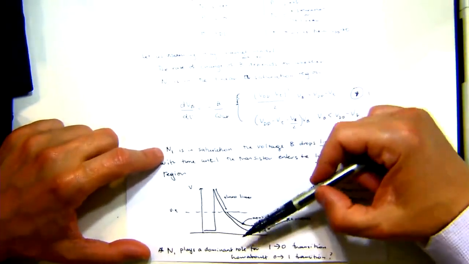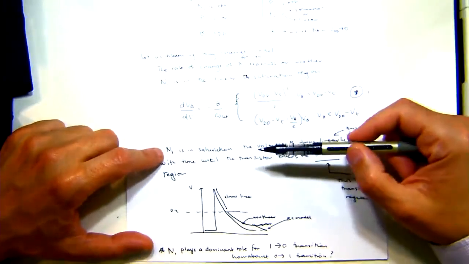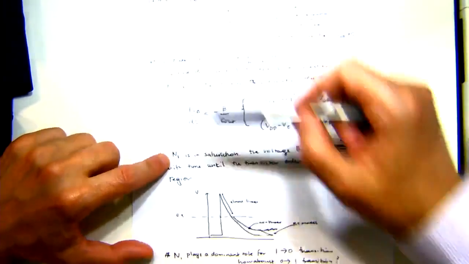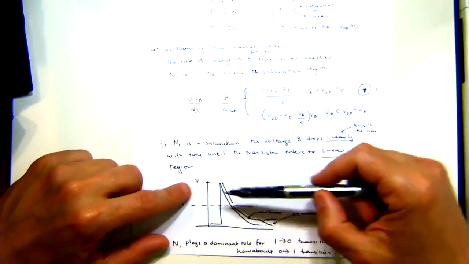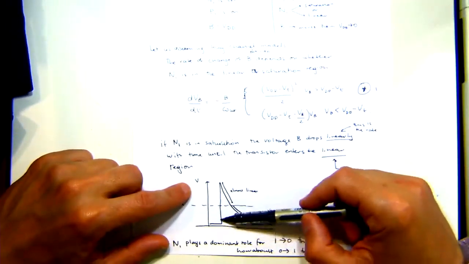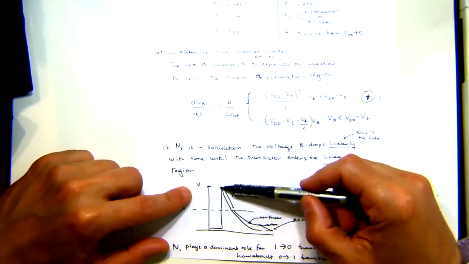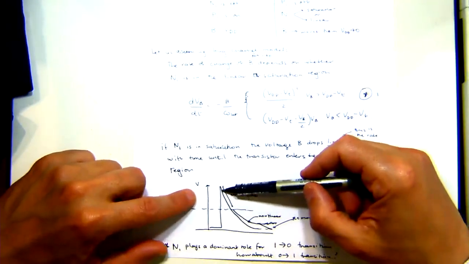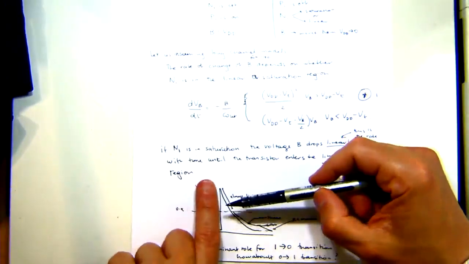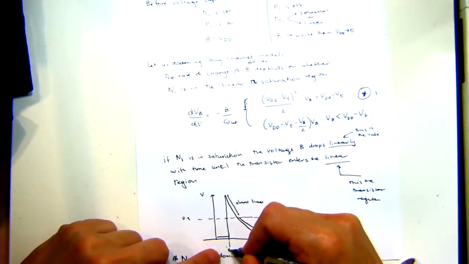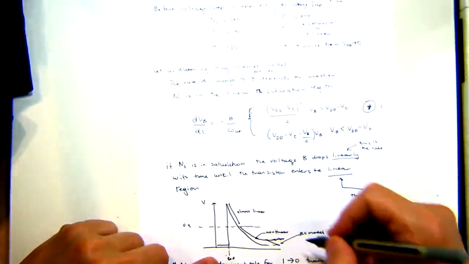If you do the analysis, even for a sharp transition or a sharp step input, what you start seeing at the output is a decrease. This is T0.